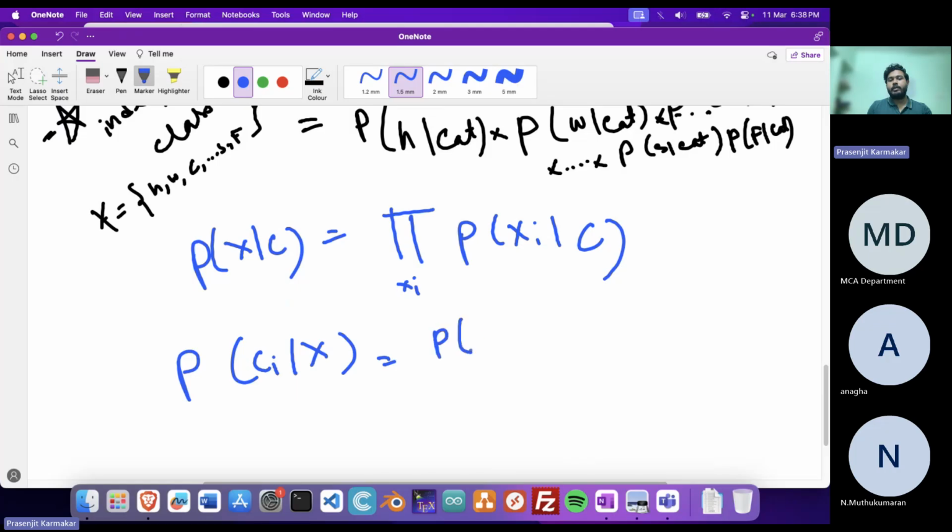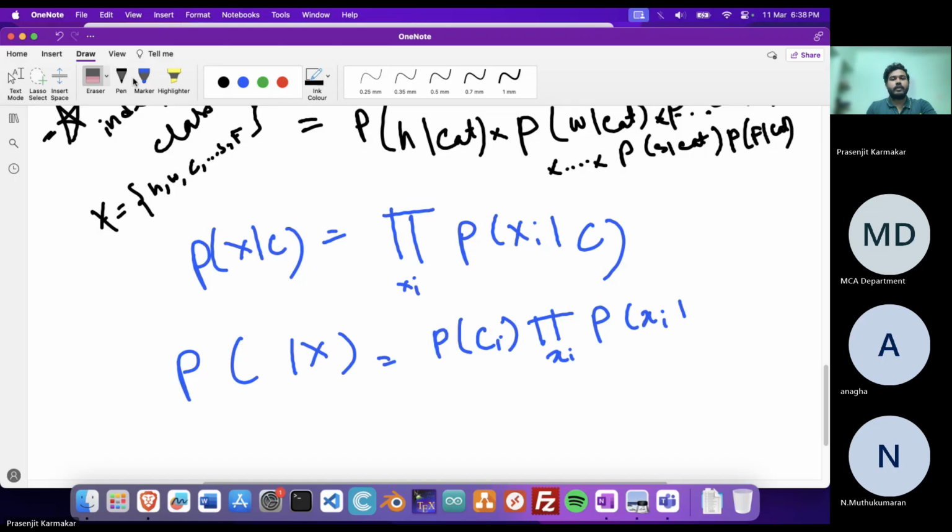My probability would be probability of C times the product over i of probability of xi given C. Let's not write Ci, let's just write C, any class.